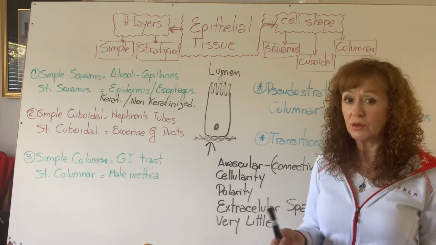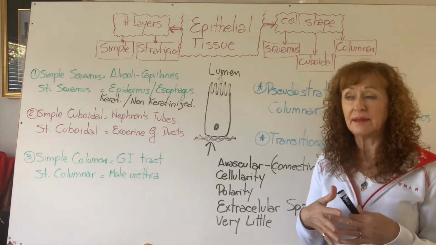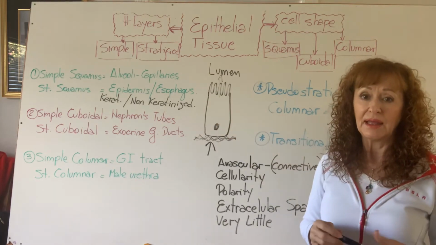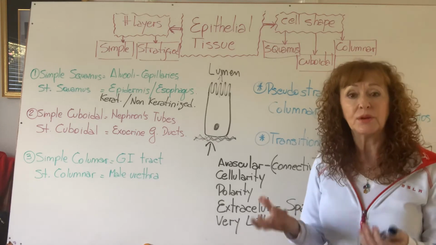In between the epithelial cells, they have embedded goblet cells that produce mucus.